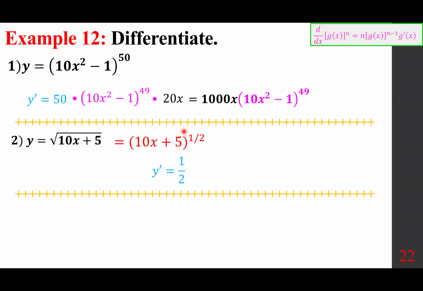Then we need the same thing to the power of n minus 1, so (10x plus 5) to the power of negative 1 half. This is 1 half minus 1. Then we need g prime, the derivative of the inside, which is 10. I hope you recognize 10 and 1 half, the product is 5. And this one, when it goes down, takes a positive 1 half, becomes a square root. So this is purely algebra.